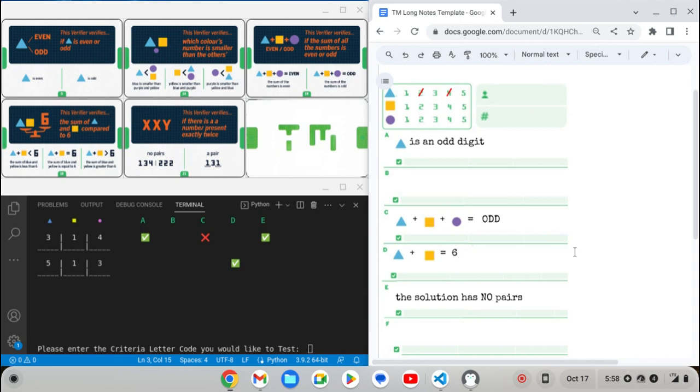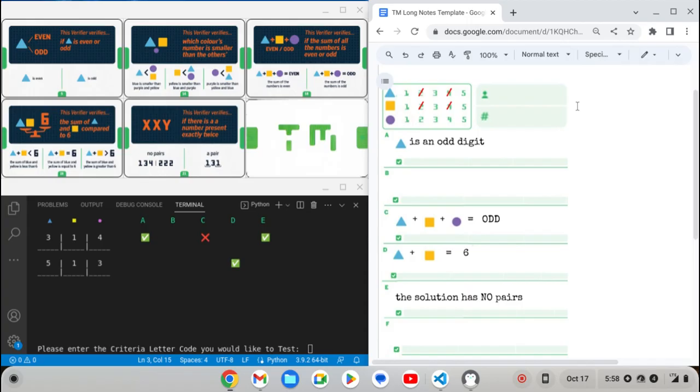And because we know that triangle is odd, then yes, absolutely, square has to be odd, because an odd plus an odd is equal to an even. So let's go ahead and cross out all the evens in square and circle. We know those cannot be evens.